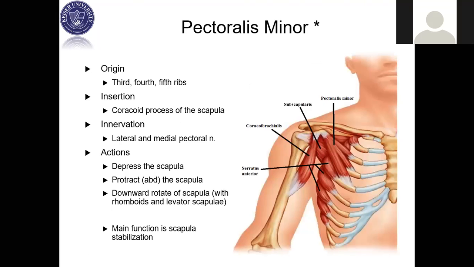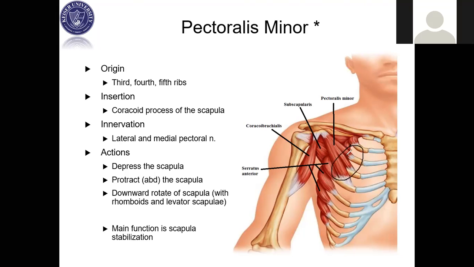Just deep to the pec major is the pec minor. Pec minor is a smaller muscle. It's deeper. I need you to know where it is located, okay? And I need you to know its main function. So the origin of pec minor, it's actually coming from ribs 3 through 5 right here.